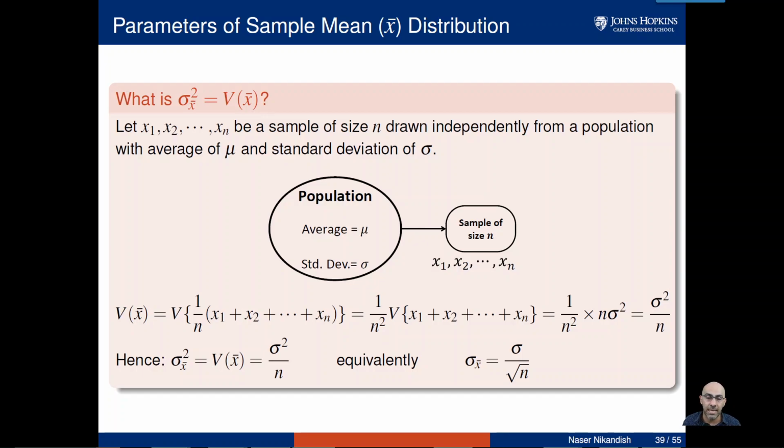All this says is, look, x bar has the same average as mu. The expected value of x bar is equal to mu. Where was that? Right here. How about the variance? Well, the variance of x bar goes down as sample size goes up. So if n goes up, the variance of x bar is going to go down.